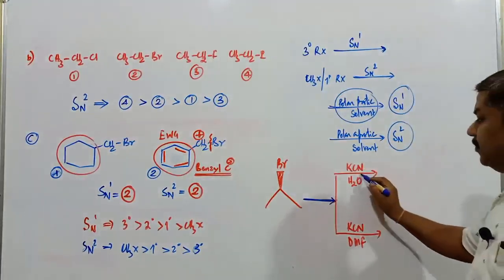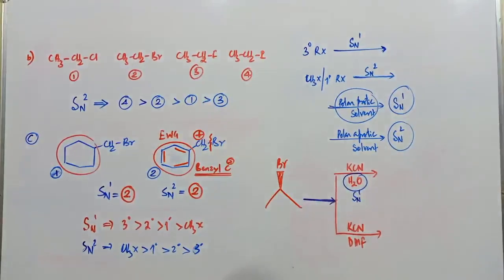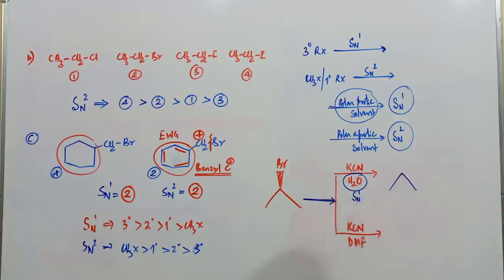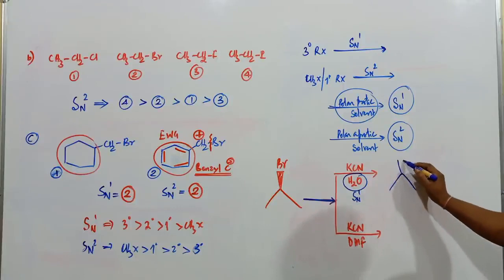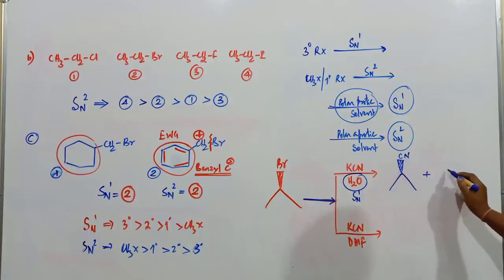Potassium cyanide in presence of polar protic solvent means the reaction takes place via SN1. Then what are the products in case of SN1? Whether it forms retention of configuration or inversion of configuration. In SN1, you know very well, there is formation of both retention as well as inversion of configuration.